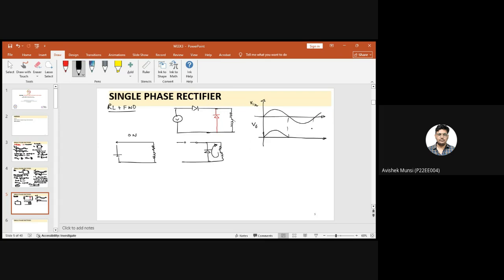So in the negative half cycle, there will be no negative voltage. This is very similar to the R load, so the calculations will be similar. But we have to understand that in case of the RL load with the freewheeling diode, the inductor will discharge through the freewheeling diode during the off state.